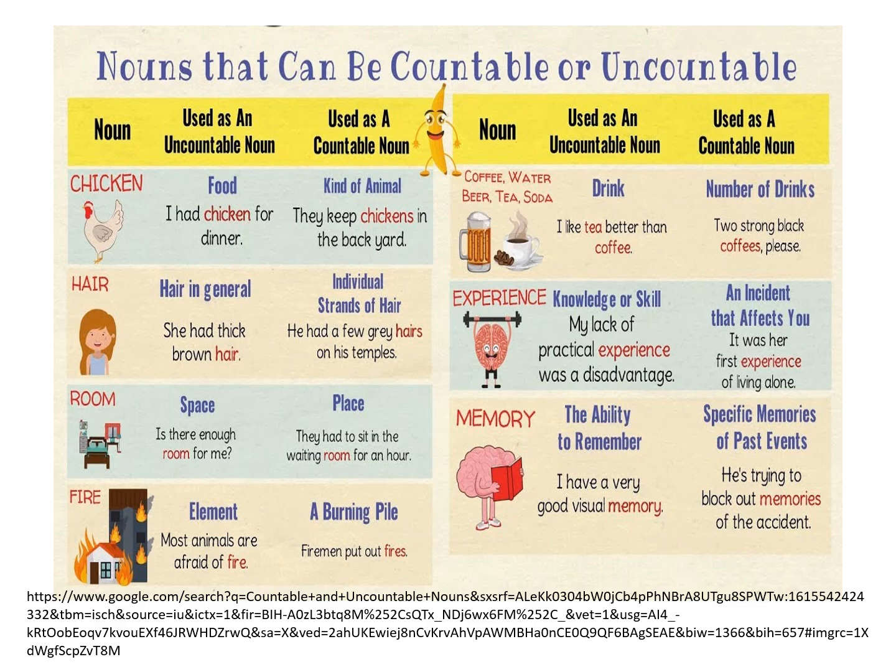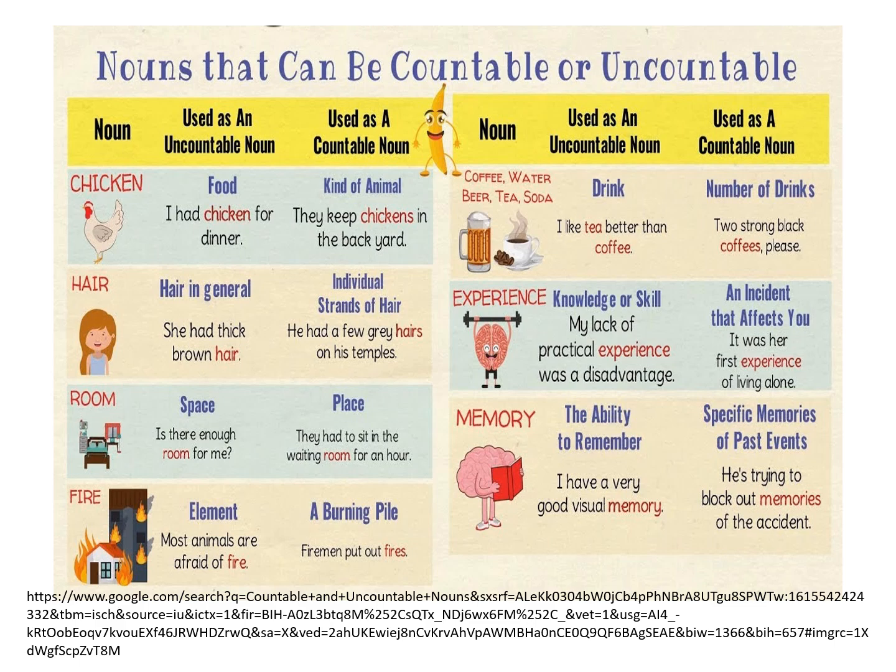If you use chicken as a kind of food, you have to deal with it as an uncountable noun. So, I had the chicken for dinner. But if you use it as a kind of animal, they keep chickens in the backyard. For example, memory, the ability to remember: I have a very good visual memory. For specific memories of past events: he is trying to block out memories of the accident.